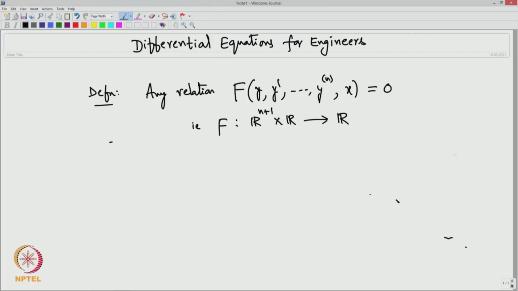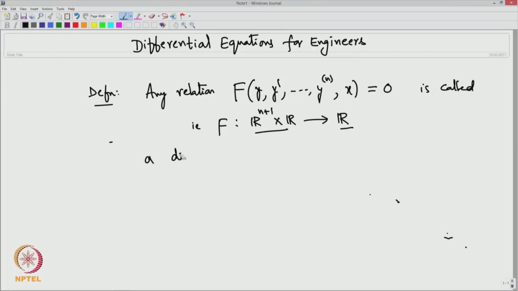Any relation F from this domain to this domain satisfying F equal to 0 is called a differential equation.